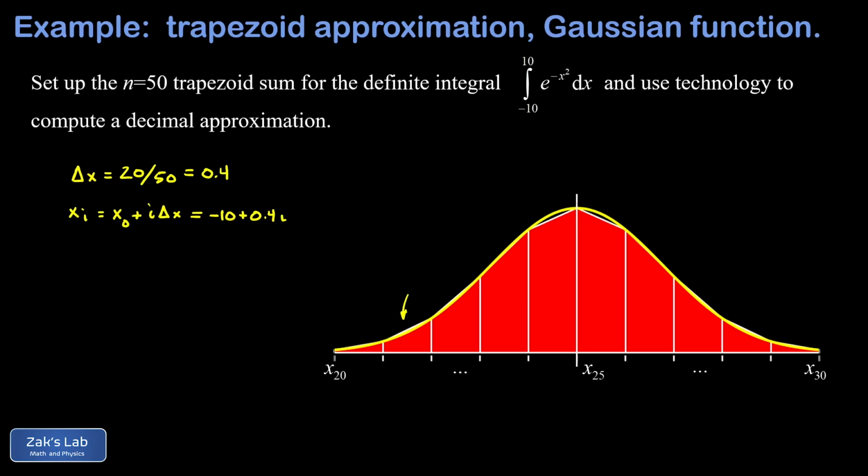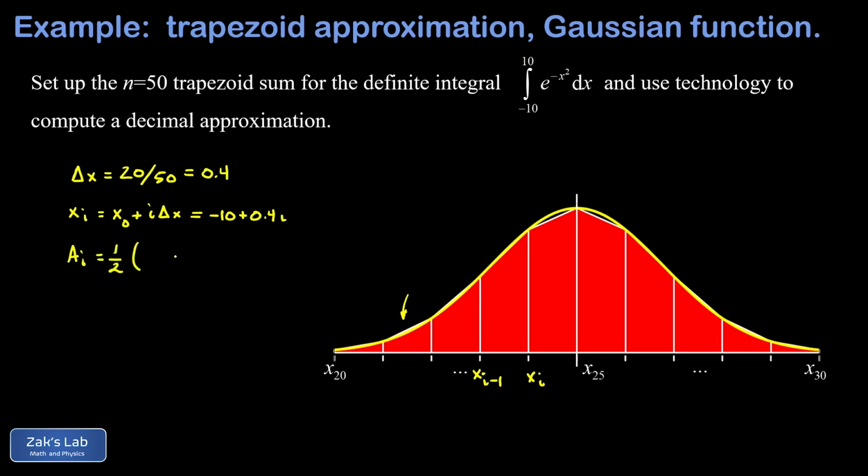Now the way we find the area of a trapezoid, if I just mark a couple arbitrary cut points here, I'm going to call these x_{i-1} and x_i, just two consecutive cut points. The way we get the area of a trapezoid there is by measuring the height at the left side and the height at the right side, and then averaging them. I'll call this individual area A_i.